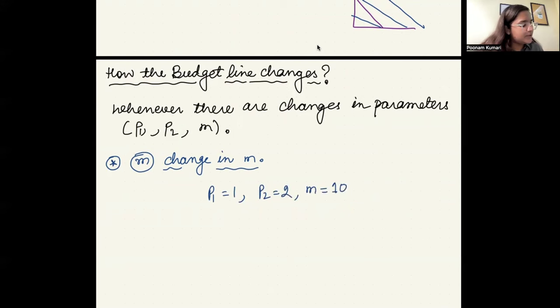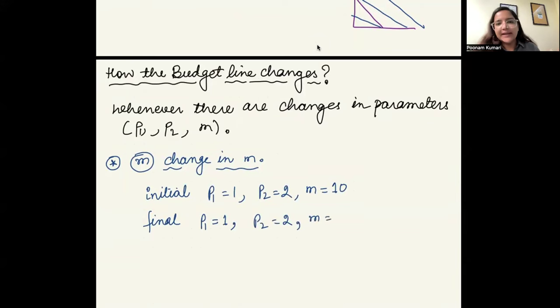This is your first situation, or maybe you can say initial. And your final situation is that nothing happens to your prices, and your income increases. Let's say it's 20.